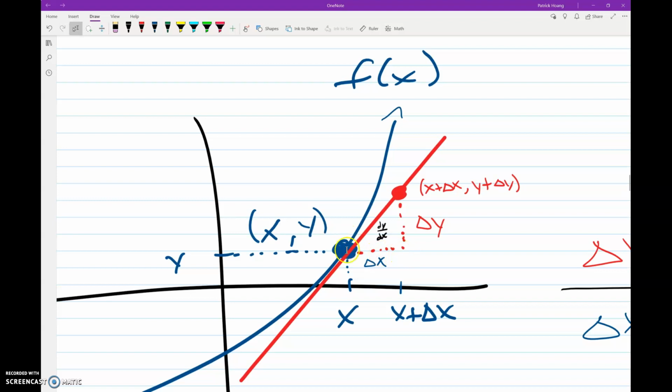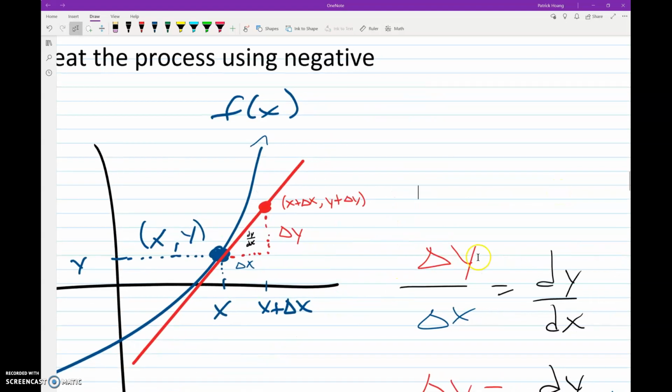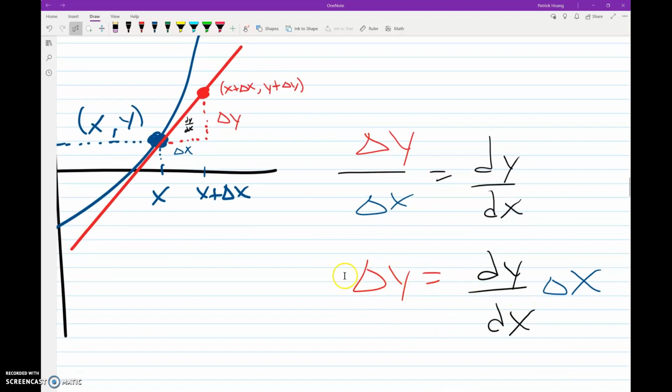Well, the delta y over here is going to be delta x times dy/dx, because we know delta y divided by delta x would be equal to dy/dx. So if we multiply both sides by delta x, that's going to be the value for delta y, our change in y.